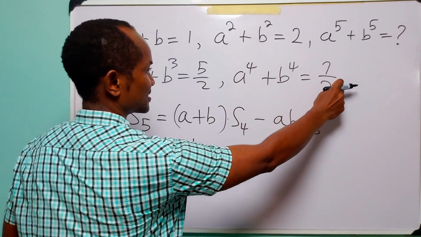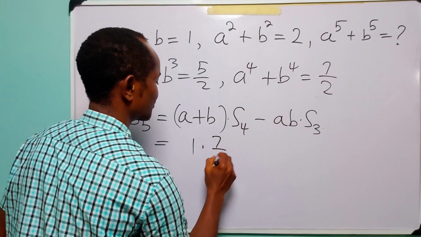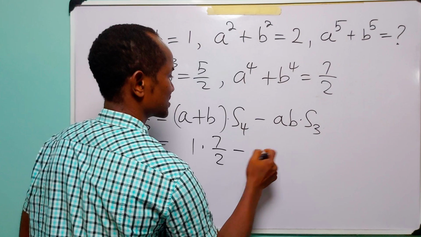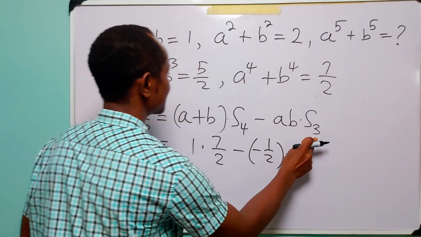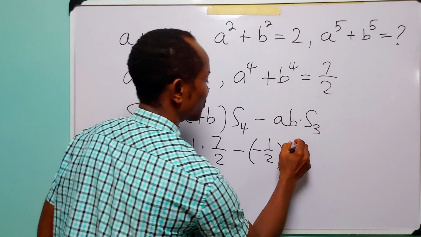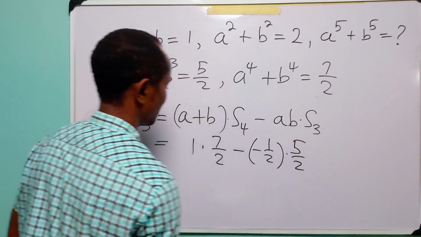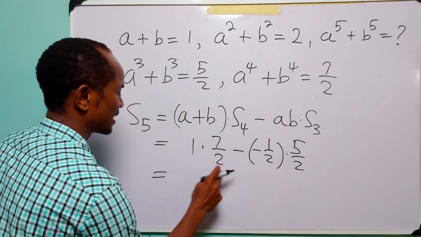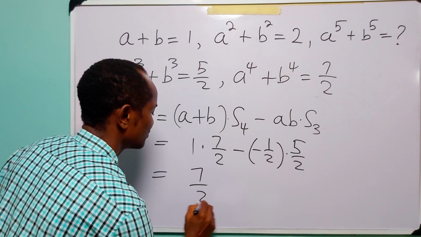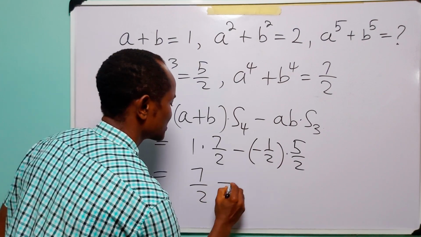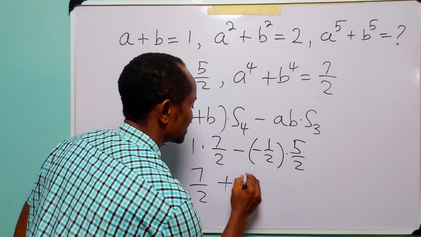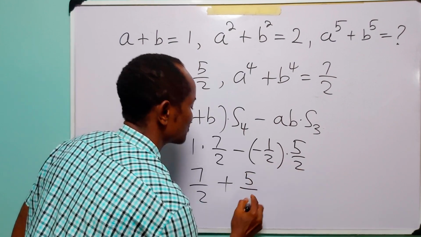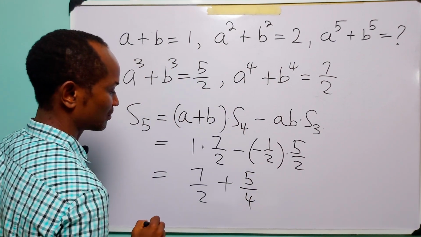S4 is 7 over 2, minus a times b is minus half, and S3 is 5 over 2. 1 times 7 over 2 is 7 over 2. Minus minus is plus. 1 times 5 is 5. 2 times 2 is 4.